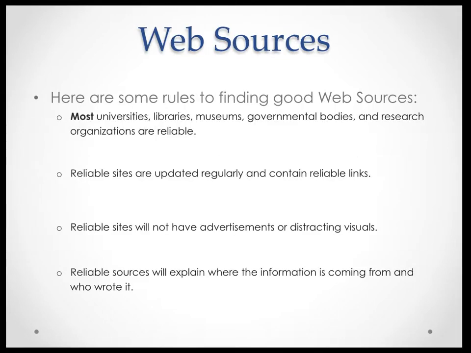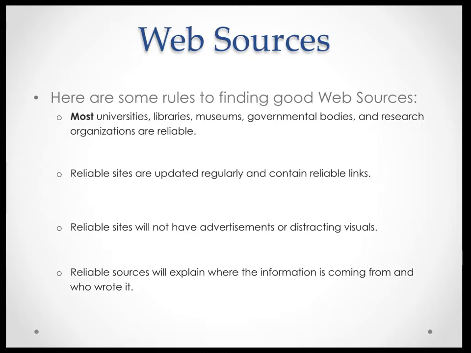Web sources are often the most difficult to figure out reliability. Here are some rules to finding good web sources. Most universities, libraries, museums, governmental bodies, and research organizations have reliable websites.